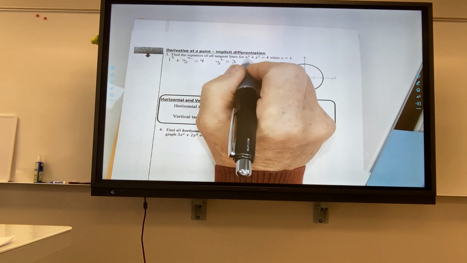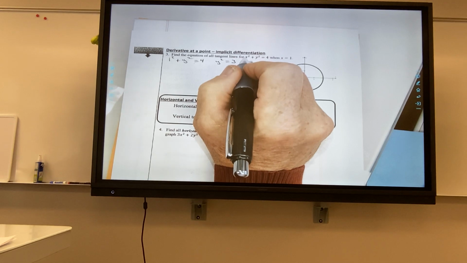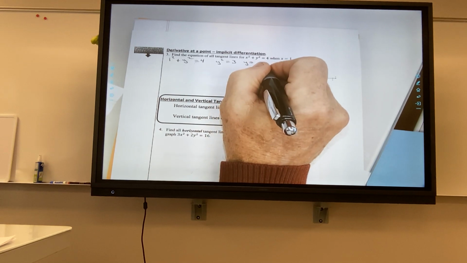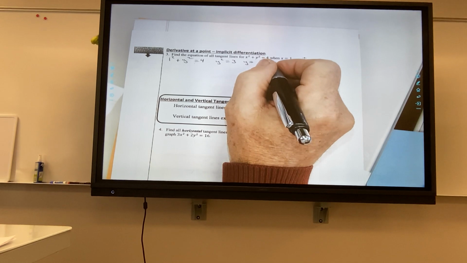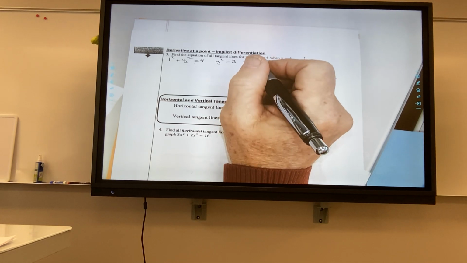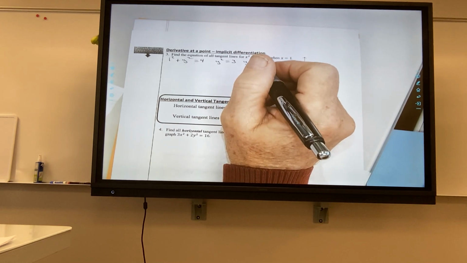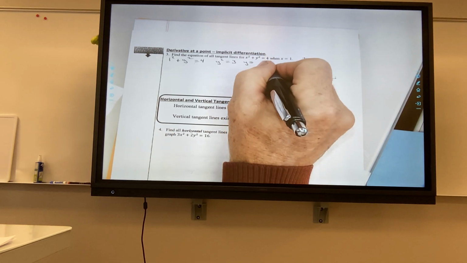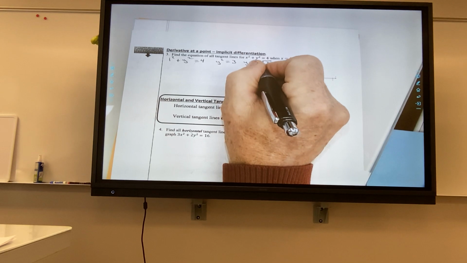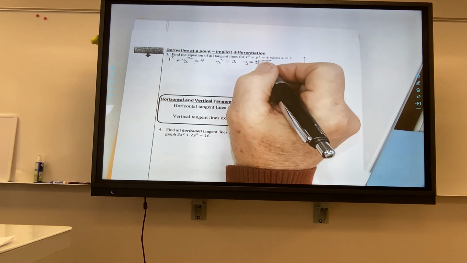I've been finding out there's a few of you that forget to do this. I gotta take the square root of both sides. The square root of what? 3.